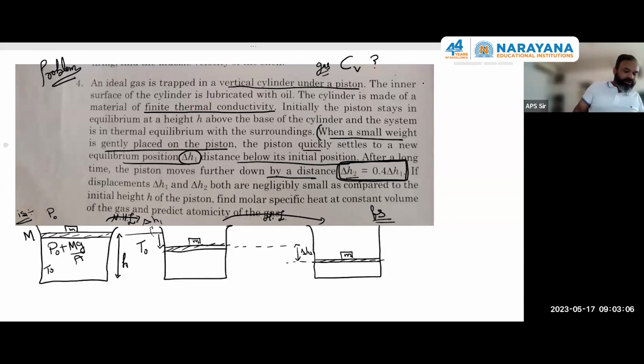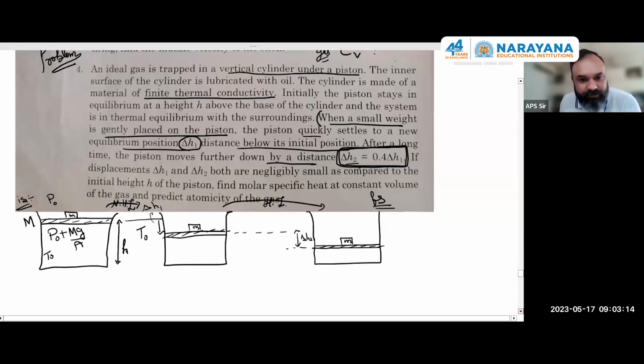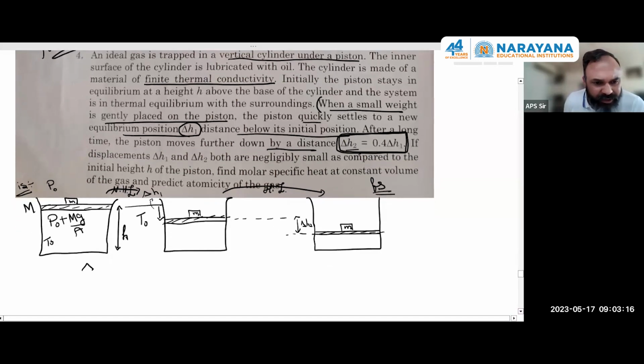So if you observe the question carefully, by conservation of energy in the two steps, in the first step, I can say, just let me write the terms. Delta Q is equal to delta U plus delta W in step 1. And here I know that if this is an immediate kind of process, there is no interaction as such that has happened.